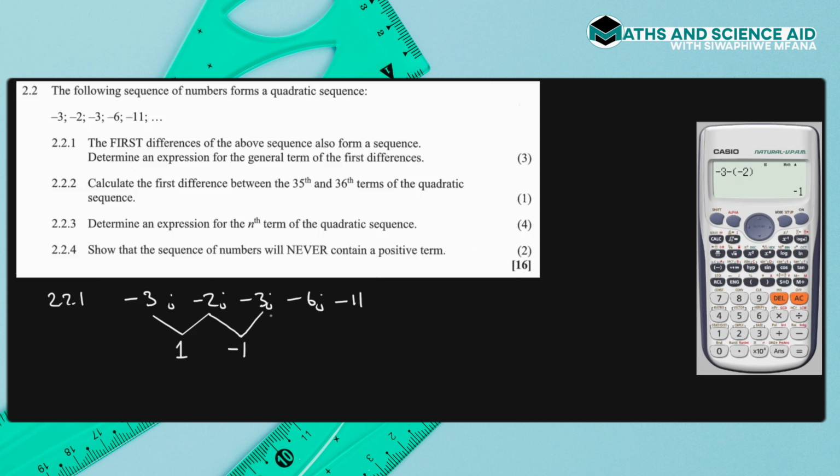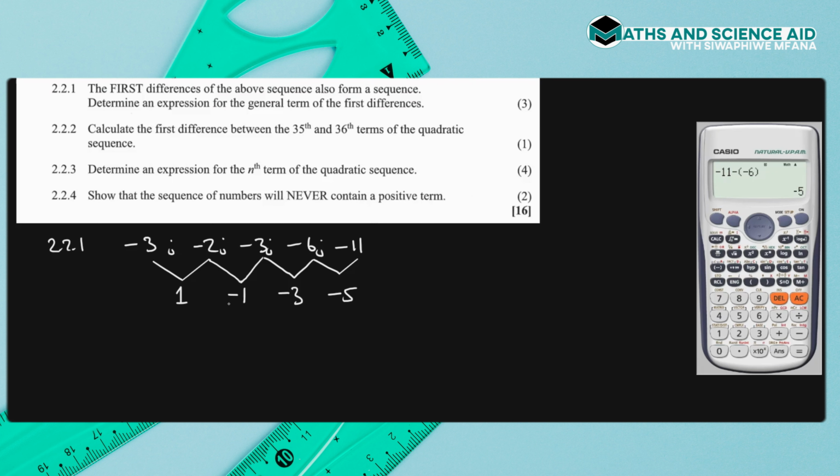So that's -1. Now we need to work out the difference between these two terms. So in this case, we have -6 minus -3, which is equal to -3. And last but not least, we are going to work out -11 minus -6. So that is equal to -5.